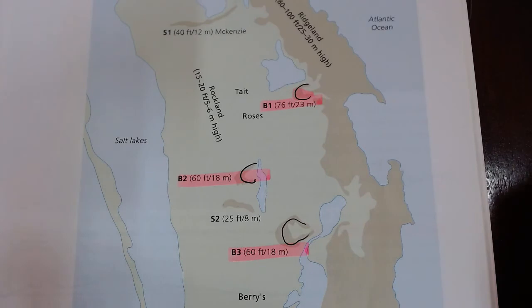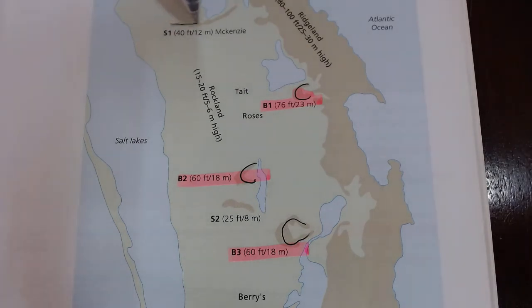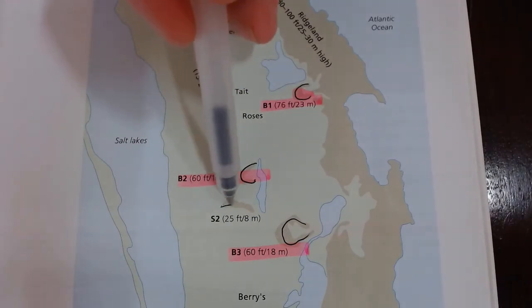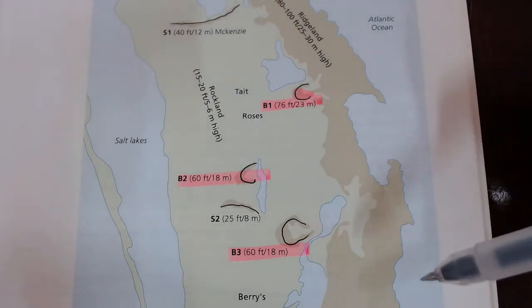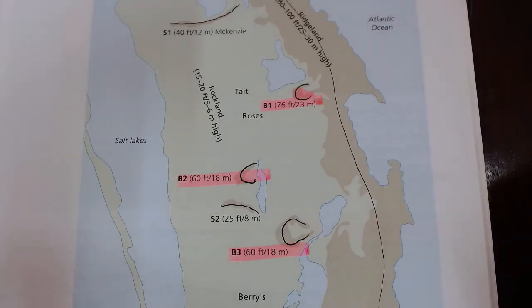So you can see the shape of the barchan sand dune, where there's a horseshoe shape and it's layered up and up over time. The ones with S stands for sipes, so they're much more straight. This long one, in fact, would be kind of a sipe shape.